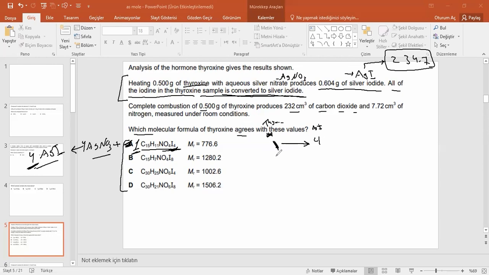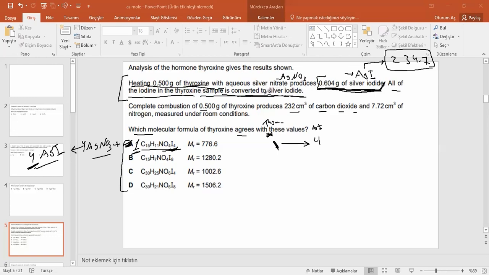Guys, how many moles of thyroxine do we have? They say that heating 0.5 gram of thyroxine gives us 0.604 of silver iodide. Gives us how many moles of silver iodide? Let's convert this one.